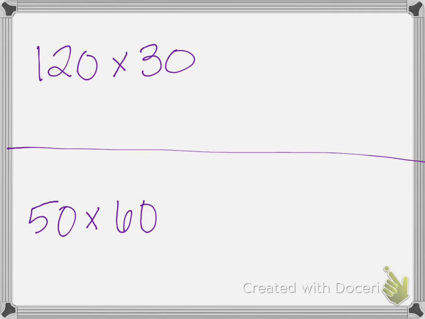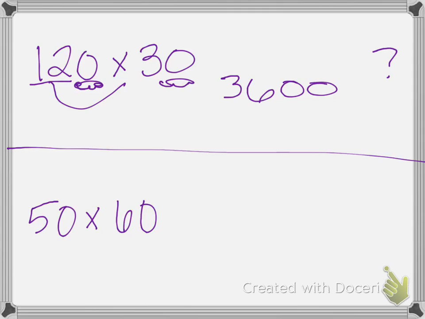All right, the first one I want you to try to also do mentally on this page is 120 times 30. All right, so how I would do this quickly is I would say that 12 times 3 is 36, and I have to count my zeros. I have 1 0, 2 zeros, so 1, 2. Put in my comma, and my answer is 3,600.